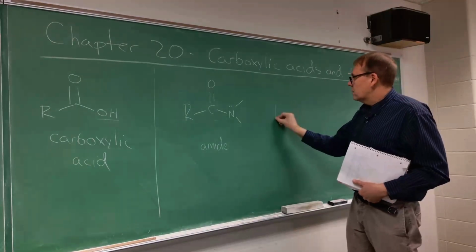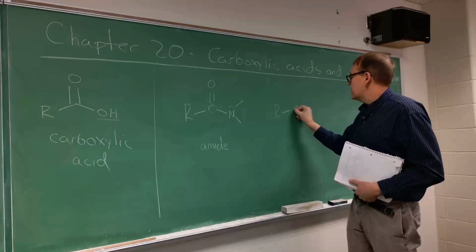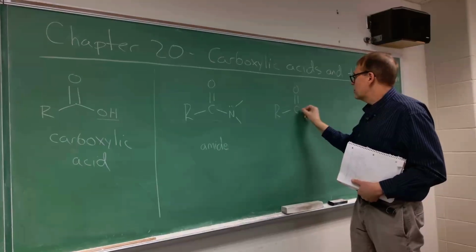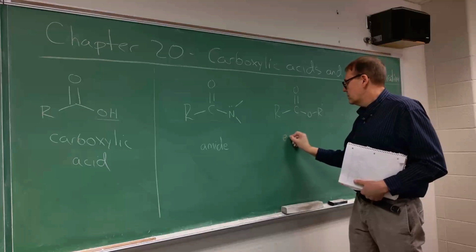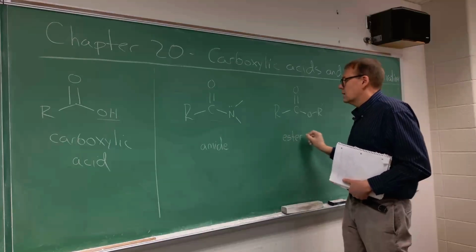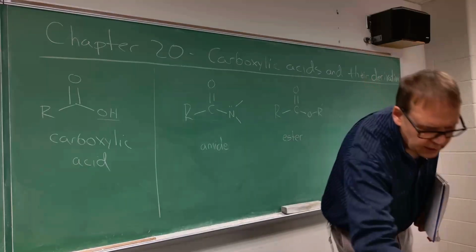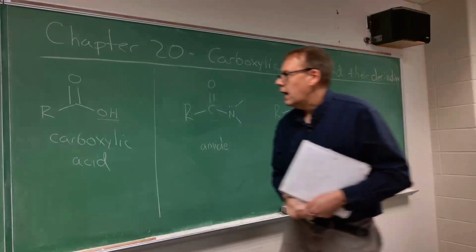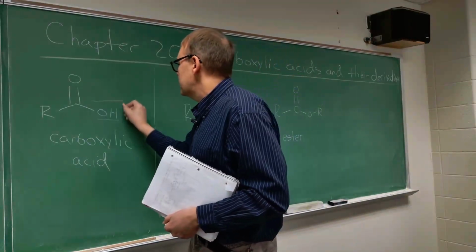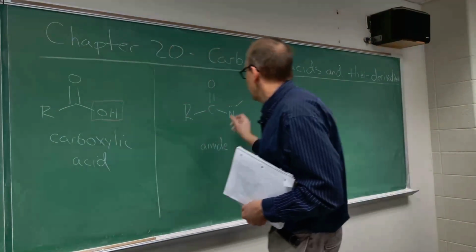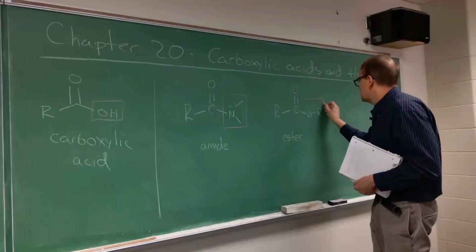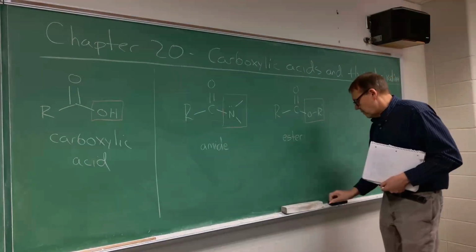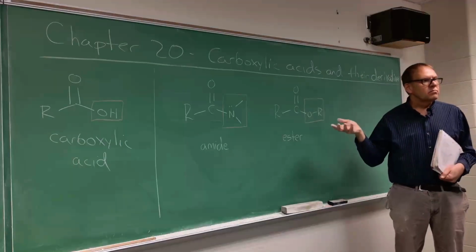Then another member of the class is ester. So esters look like this. What is similar about all these things, and what relates them, is the group that's attached to the carbonyl in each case. That's the thing that's changing as the functional group changes.